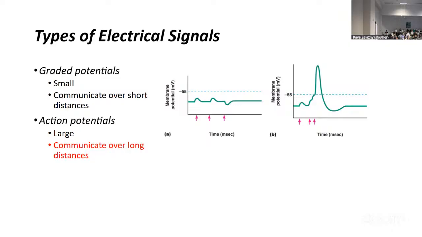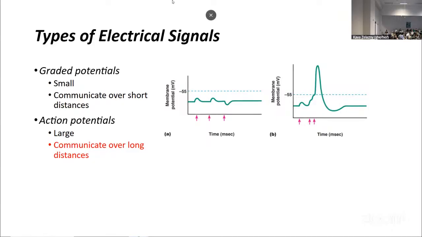What a graded potential is fundamentally is a small change to our membrane potential in kind of a local area. So when we're thinking about our neuron, I draw, this is like my soma and body. These spiky bits are going to be my dendrites.